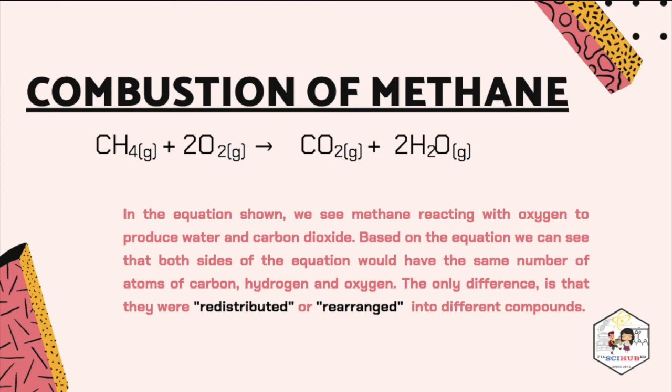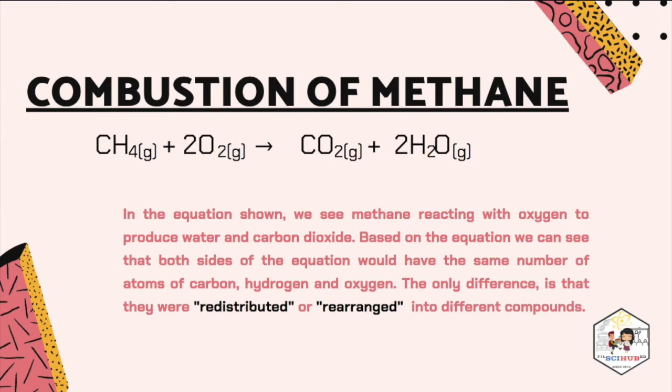So now let's use the combustion of methane, CH4, as another example for our discussion. So again, according to the law of conservation of mass, matter can neither be created nor destroyed. Using this example, mas makikita natin how matter is transformed, redistributed, or rearranged into new or different matter instead of being destroyed or created.